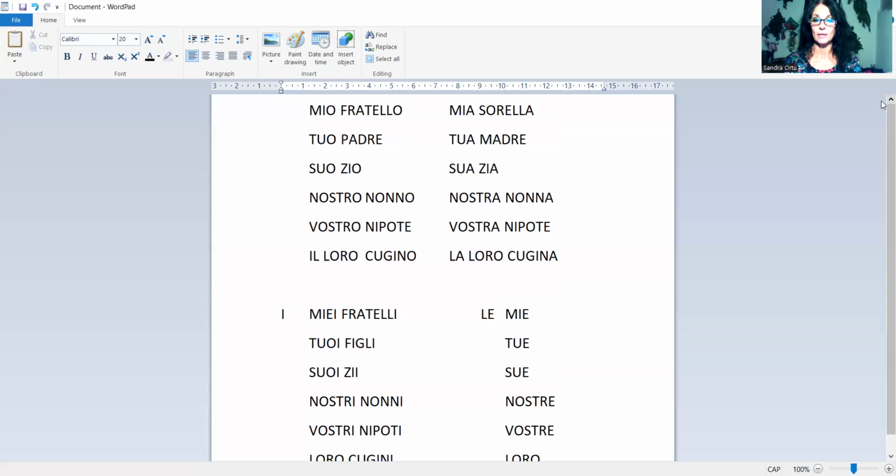The singular possessives always have the article in front, except when we're talking about a single member of family. And the exception to that is that the very last one does keep the article. I think we have covered everything about these possessives.